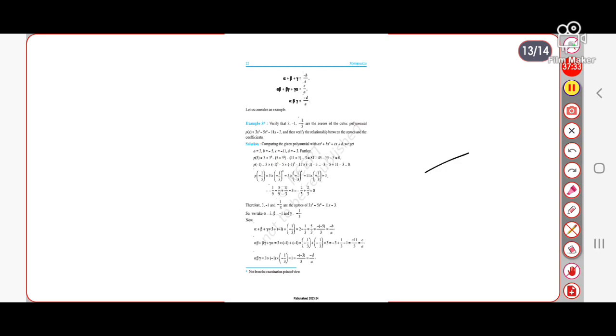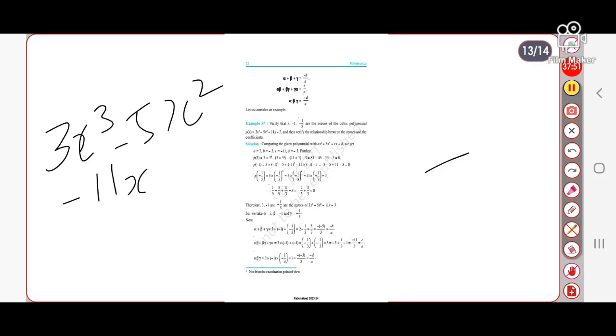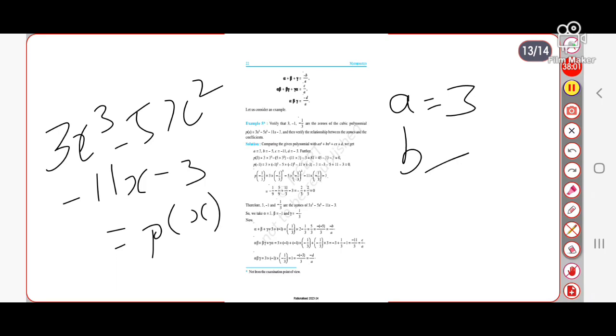So with respect to ax cube plus bx square plus cx plus d, they are splitting the values to a, b, c, d with respect to the given input polynomial. And see, the polynomial is 3x cube minus 5x square minus 11x minus 3, that is equal to p of x they have given. Here they are assigning a to be 3, b to be minus 5, c to be minus 11 and d to be minus 3.